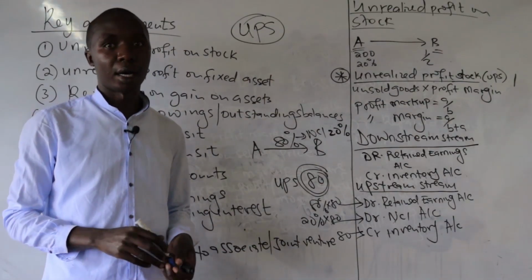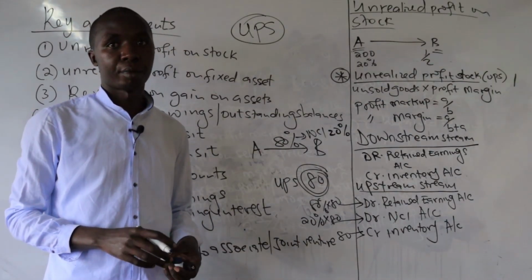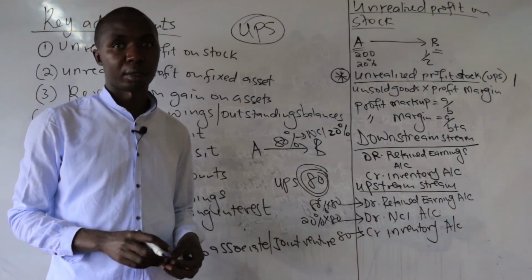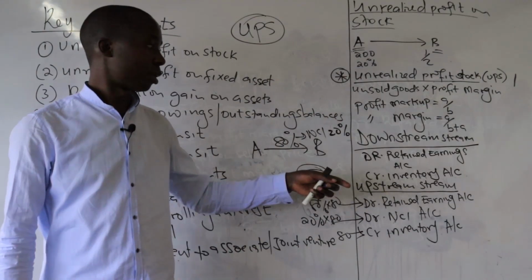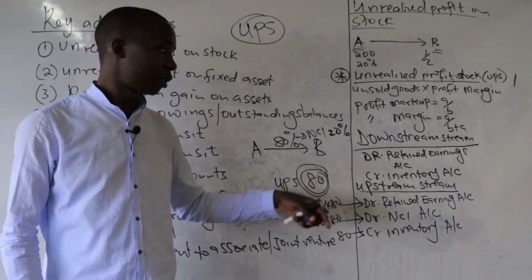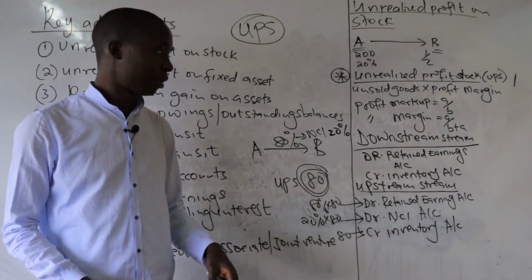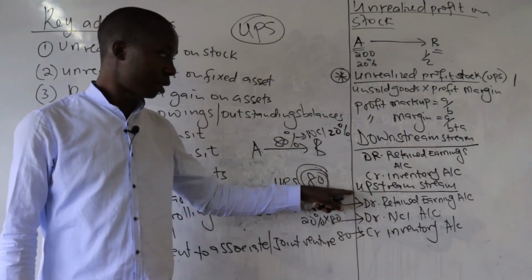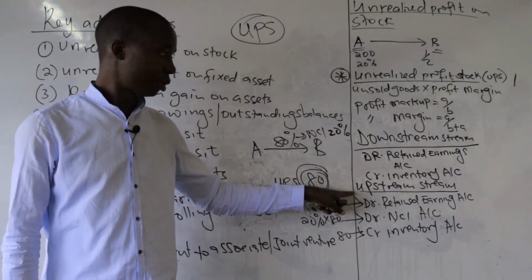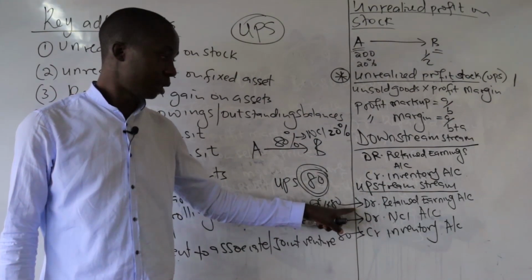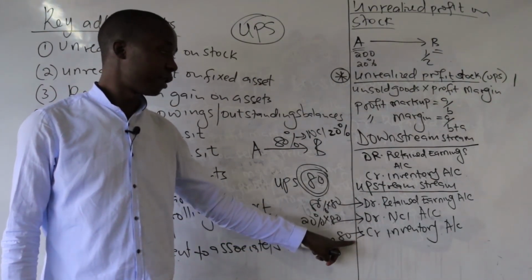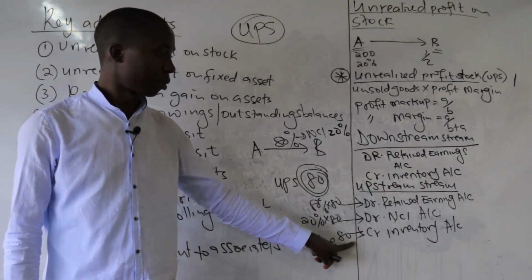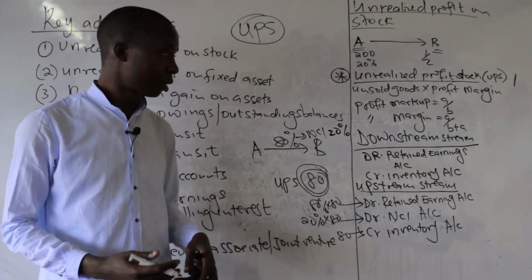If it's due to the downstream sale, you have to adjust two accounts, the retained earnings account and the inventory account. If it's due to the upstream sale, you have to adjust the retained earnings account, the NCI account, and the inventory account.